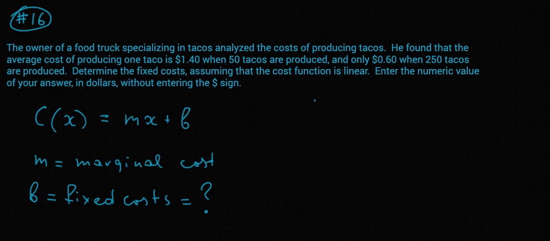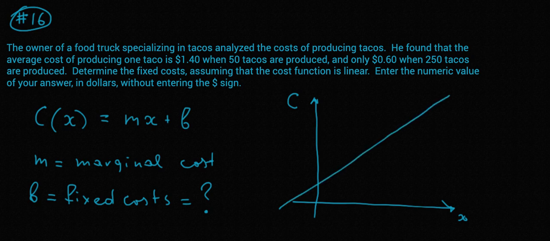Now we also know that since the cost function is linear, the graph of the cost versus the production level is going to be a straight line. Unfortunately, the other information given in the problem doesn't deal with the cost function per se.